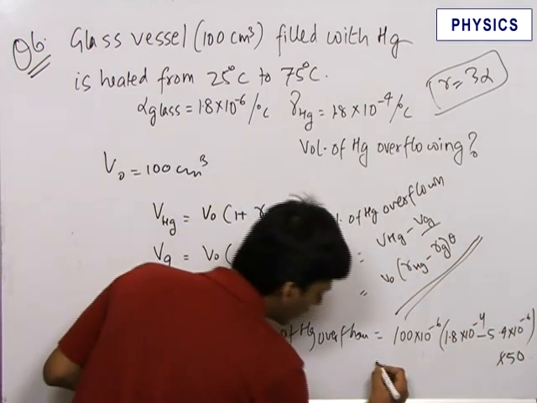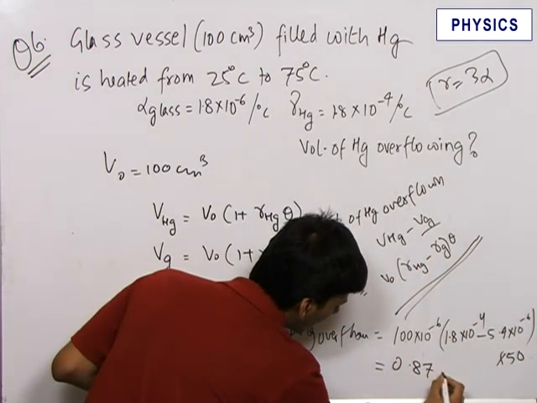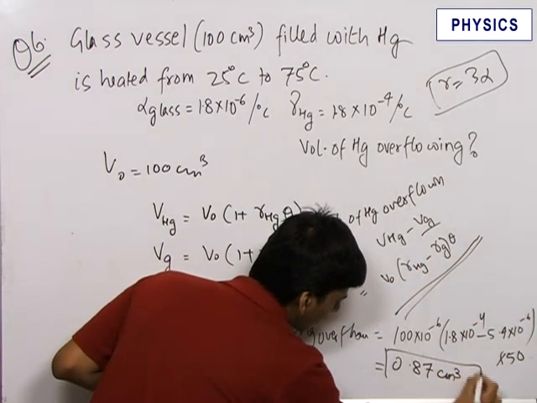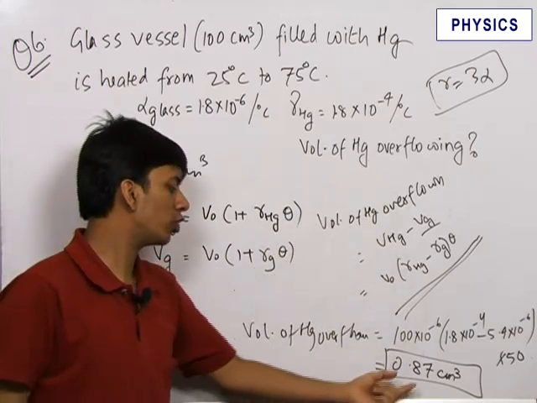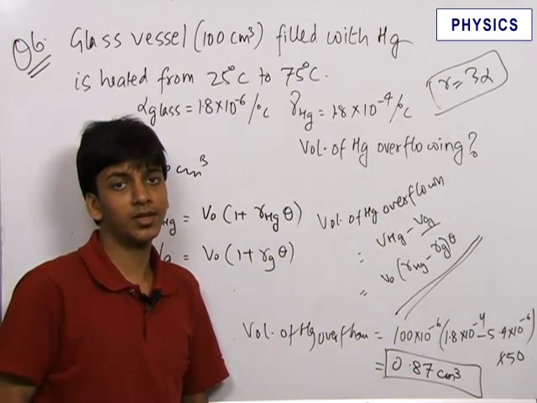So this comes out to be equal to 0.87 centimeters cube. So you get your final answer for the volume of mercury overflowing to be equal to 0.87 centimeters cube.